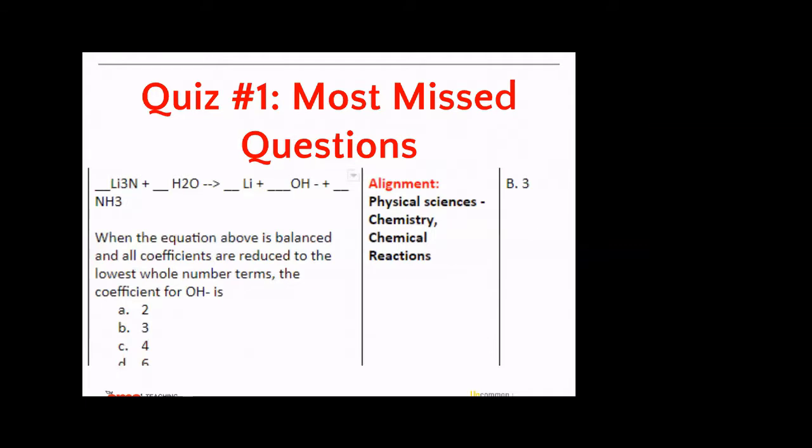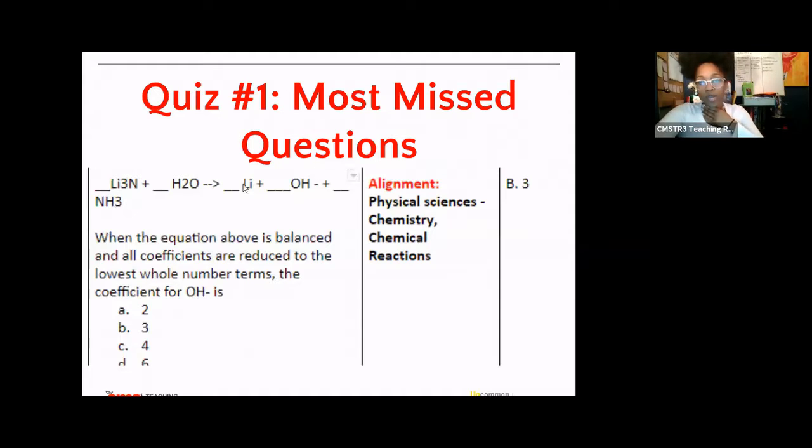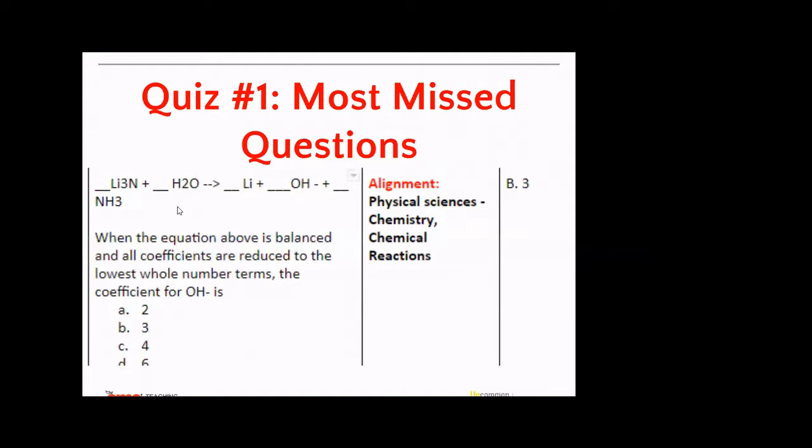So when we balance this equation, we're just going to count what we have and try to add coefficients to make sure everything is the same. Let me erase my board.